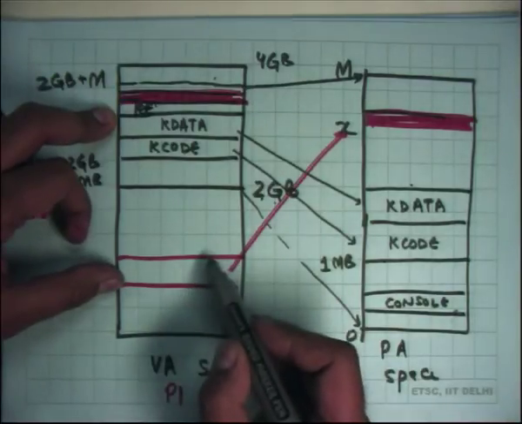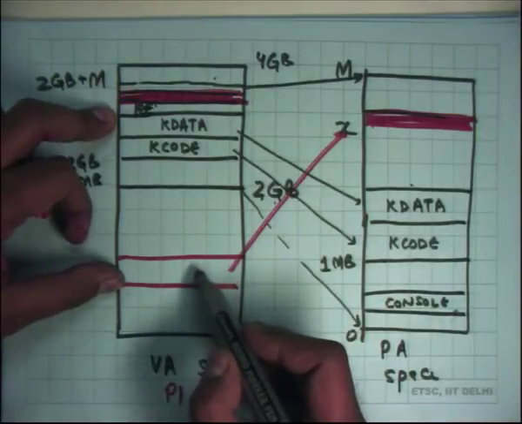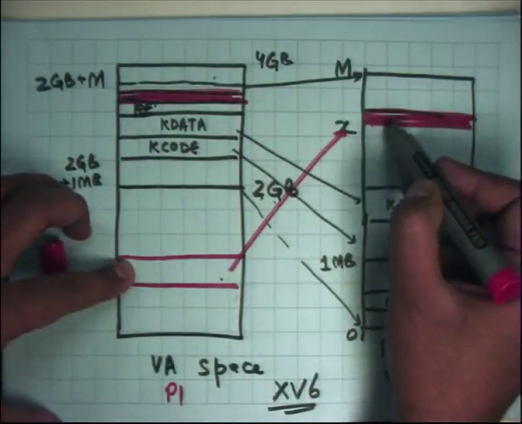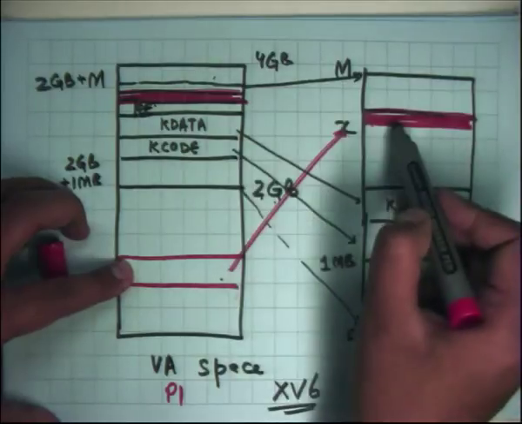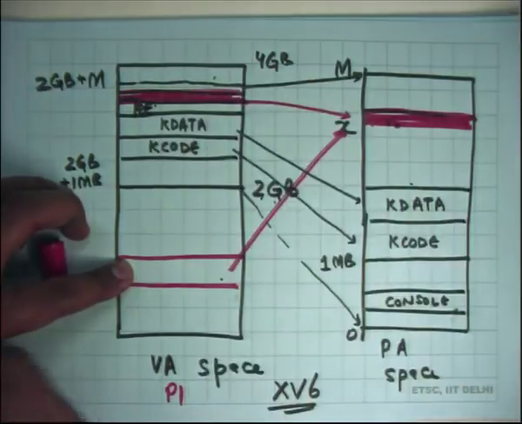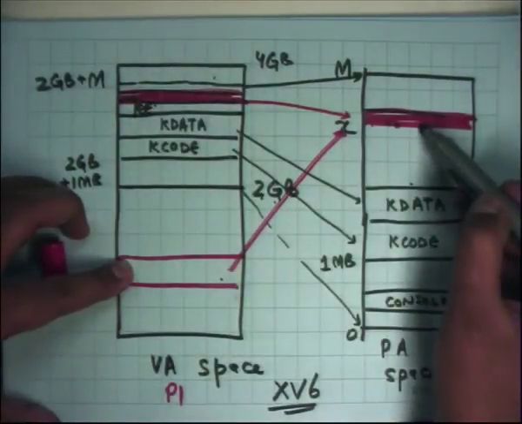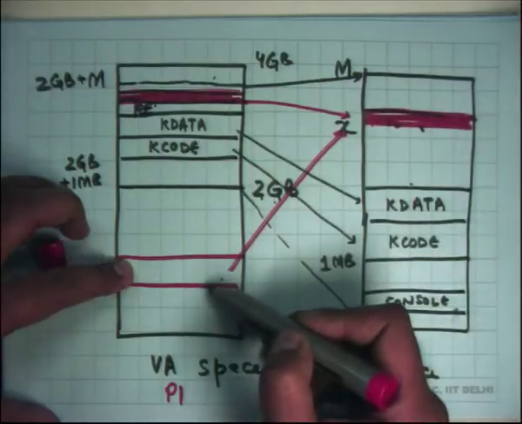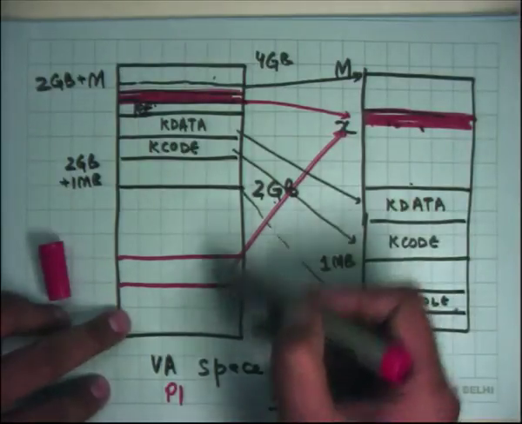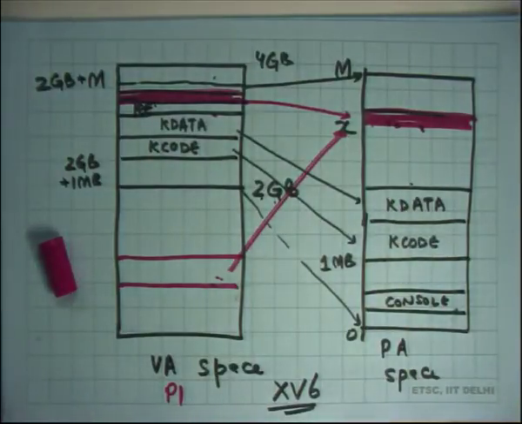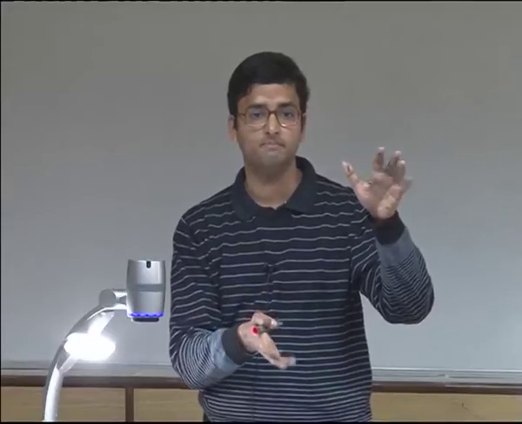P1 wants to map some area of the physical memory in its virtual address space, so it has a mapping like this, but this area is also mapped in the kernel address space like this. So here's an example where the same page in physical memory is mapped both on the user side, such that the user can access it, and on the kernel side, so that when the kernel allocates or deallocates it, it has access to all this area.